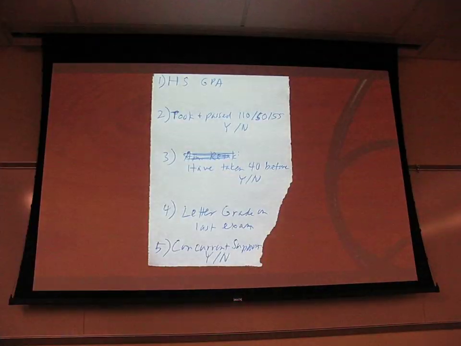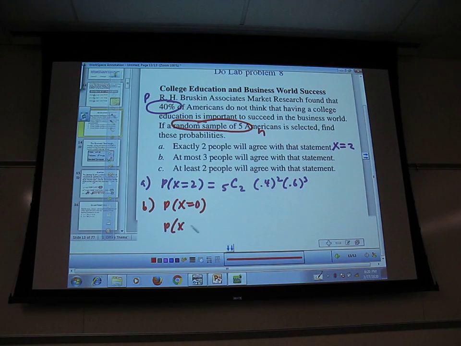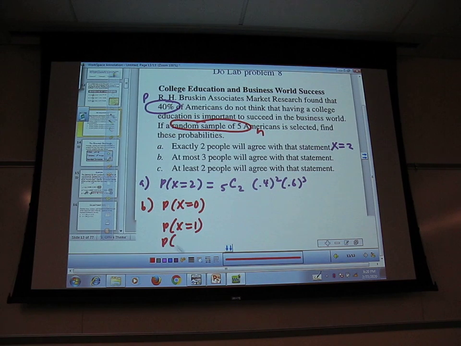Okay, so let's go ahead and take a look at what we've got. For B, we need to find the probability that X is 0, the probability that X is 1, and the probability that X is 3, because we already have 2, so we don't need that one again. So 5 choose 0, then 0.4 to the something and 0.6 to the something.